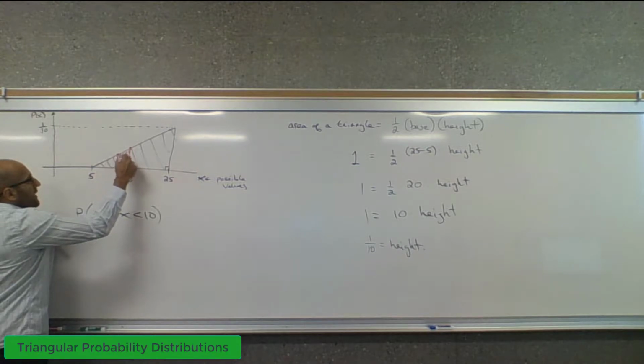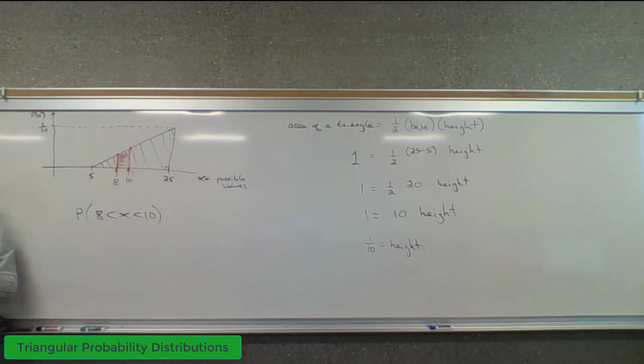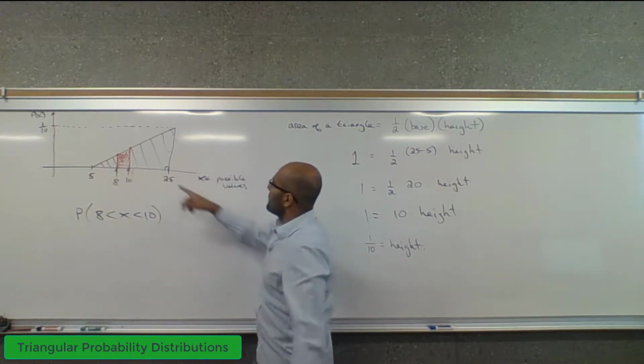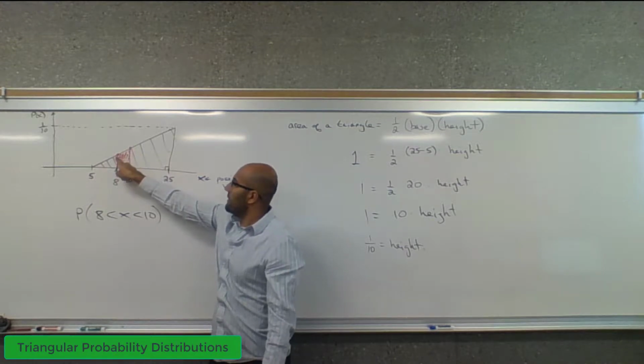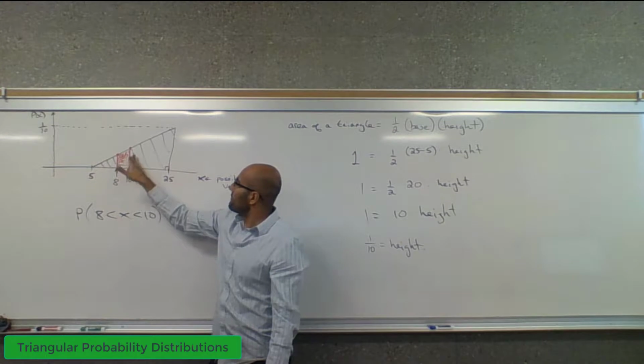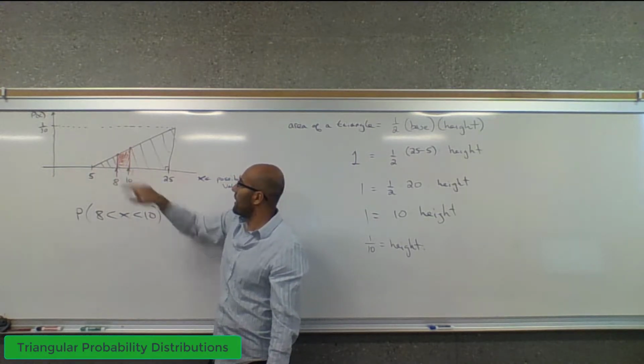If I can find that area, that'll give me the answer. In order to find that area, I need to find the values at these two points. If I can find the values of those two points, I'll be able to find that area.